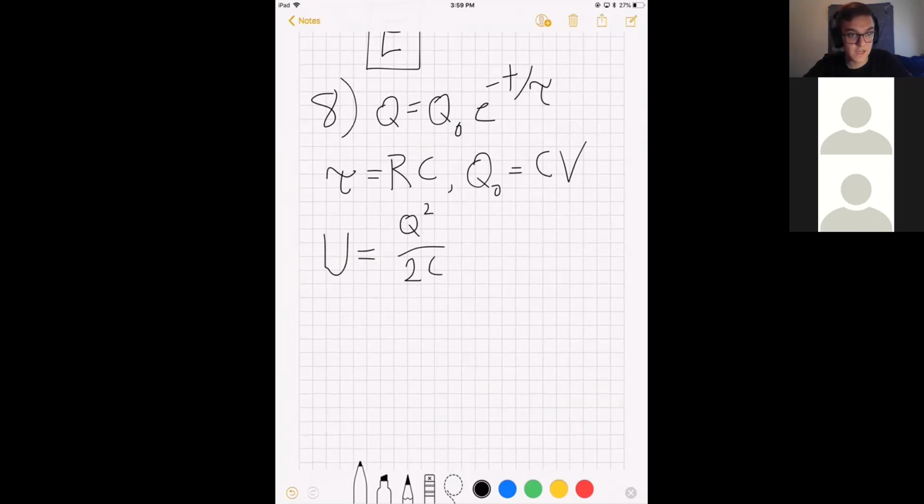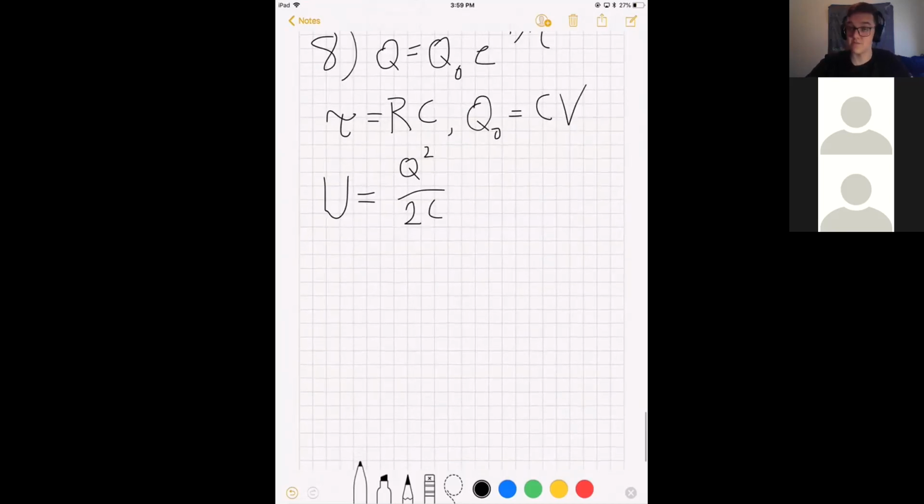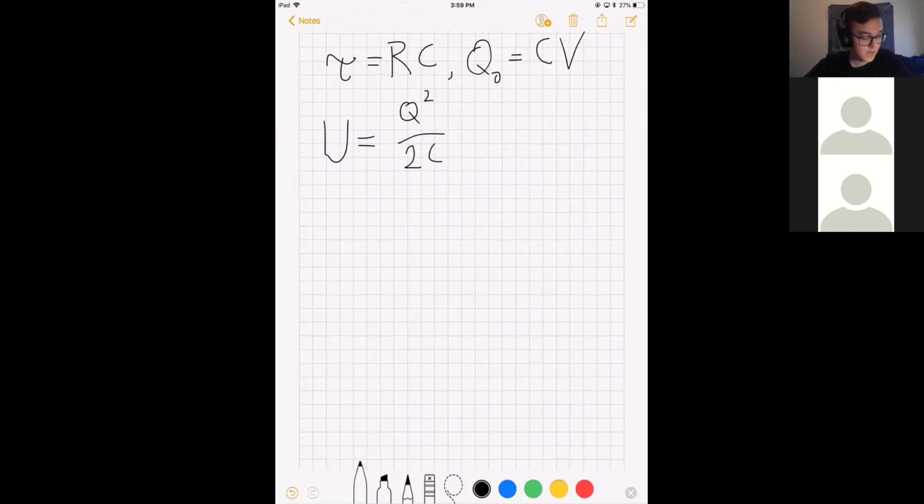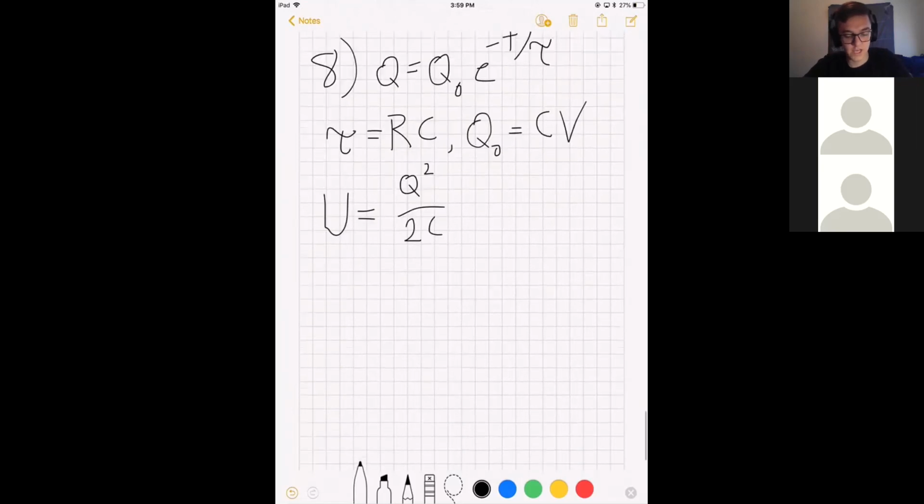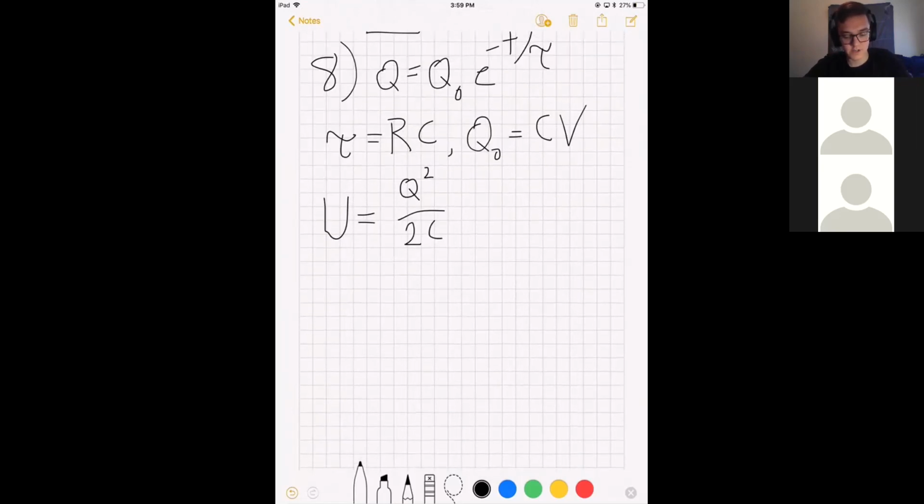The reason I know to use this equation is because I know what Q is and I know what C is, and the other ones I don't. There's one unknown I'd have to solve for. So this is the best version of this equation to use. So we're just going to plug in our modified version of this up here.